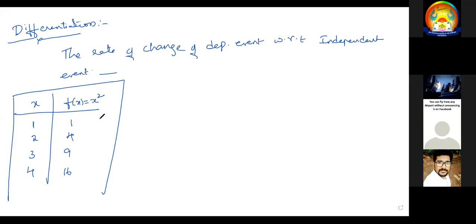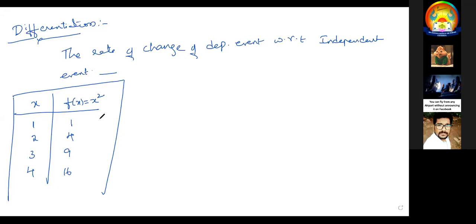Check it once. Yes, sir. In this experiment, x is the independent event and f of x is the dependent event.